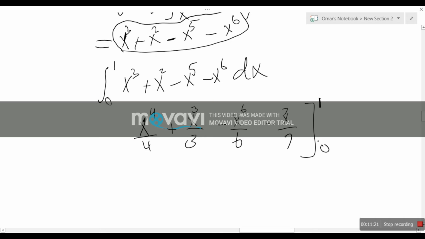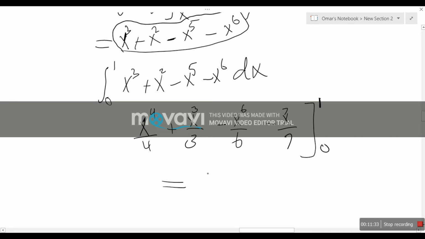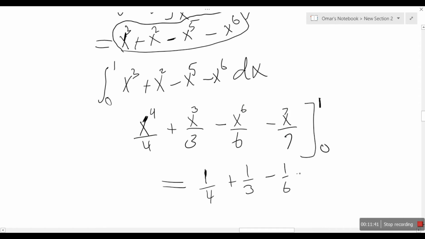If we substitute that back, we're going to have 1 over 4 plus 1 over 3 minus 1 over 6 minus 1 over 7.